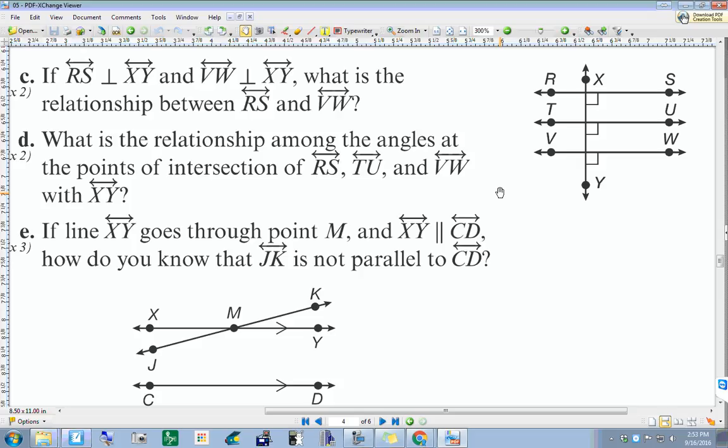4, Tristan. Question. What is the relationship among the angles at the points of intersection of RS and TU and VW with line XY? What are they? They're all right angles, so they must be what?